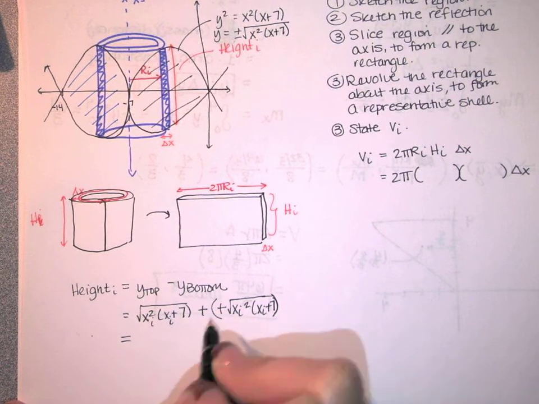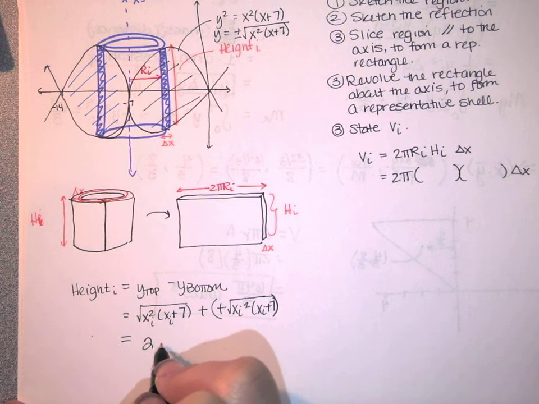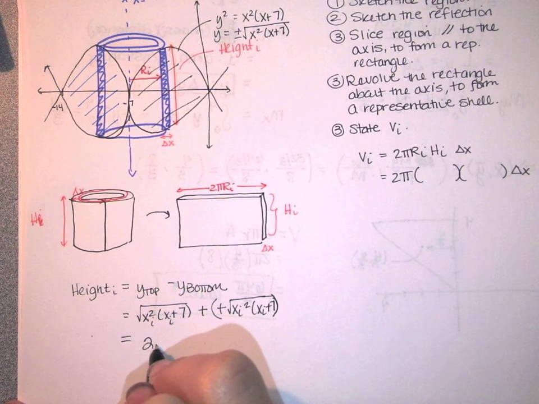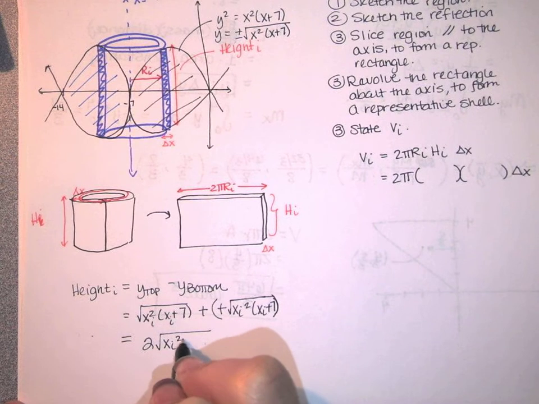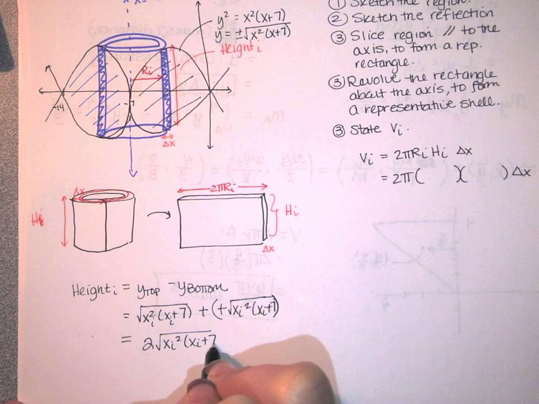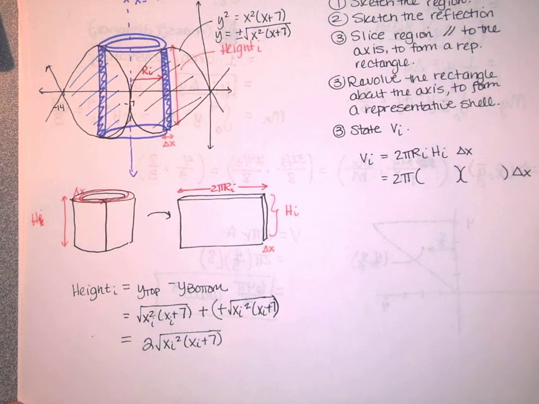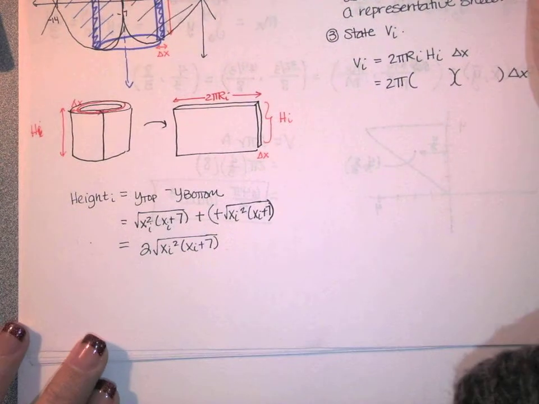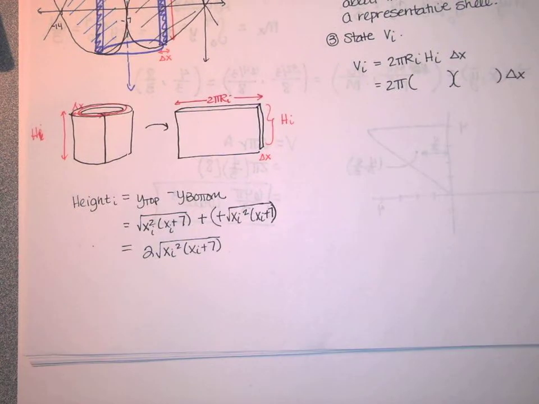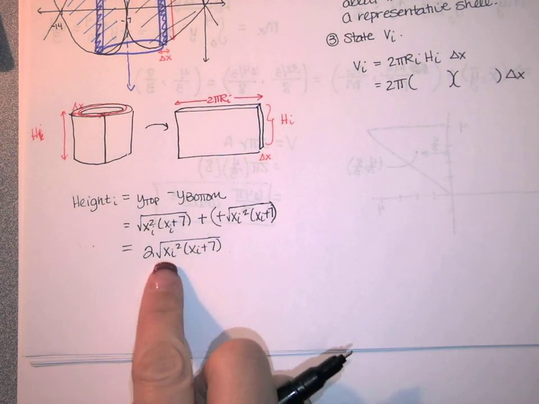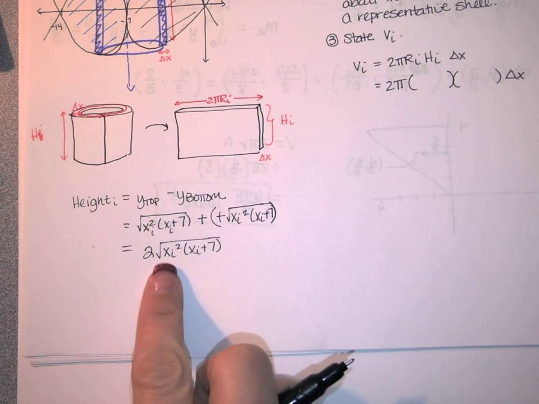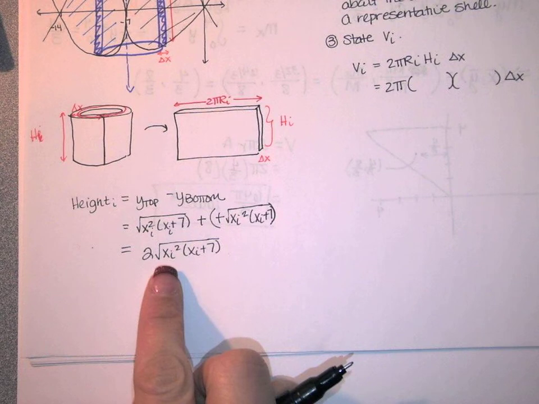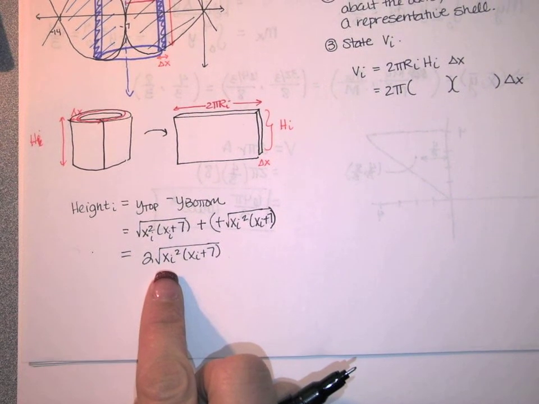Subtracting a negative is the same as adding, so it looks like we've got 2 of these. I see where a sign error could come from this. Now, the square root of x squared, you might be tempted to think that's x, and that is true whenever x is positive.